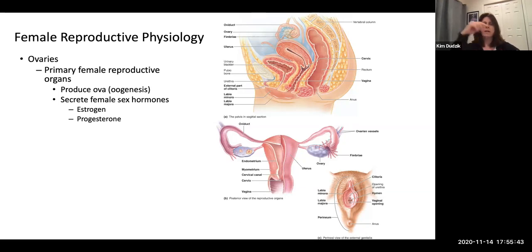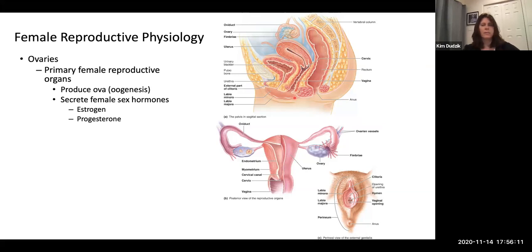We saw in the male reproductive system there's an overlap between the reproductive system and the urinary system, but in females, there's no overlap. They're completely separate systems. So there's the opening of the urethra to the bladder. Here's the vagina to the uterus, right? And then of course the anus attached to the rectum, from the digestive tract, right?